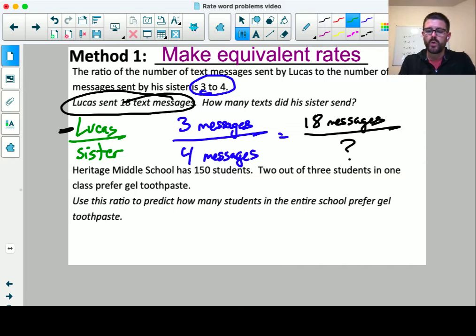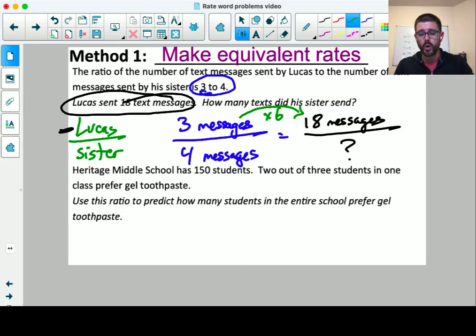So an equivalent rate is going to be useful here because we can look for ways of getting from one number to the next. Remember, as we worked on this earlier in the week, you're always looking to see what could I multiply or divide to get from one number to the next, and I can use that to get to the next number. So I asked myself, what could I do to 3 to get to 18? Well, I could multiply it by 6.